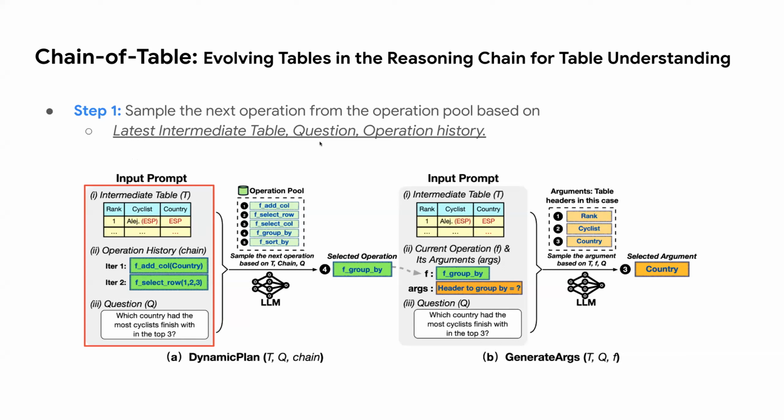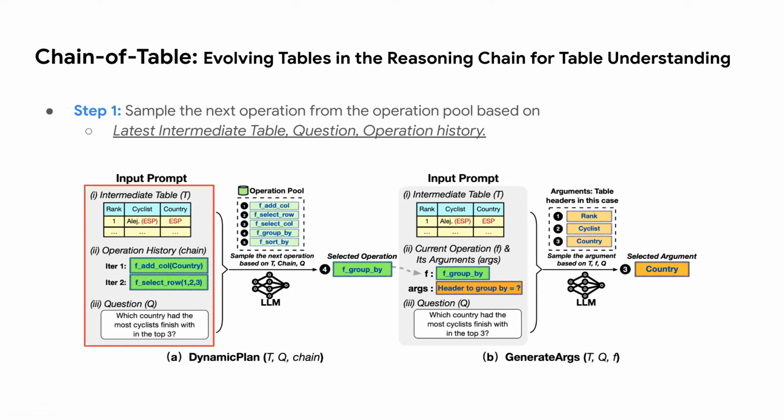For the second part, the question, as always, we need to let Llama know what we are doing here. What is our major task? That's the question. The third part is the operation history. Operation history is in the middle of this figure, which are the add column and select row. We need to let our model know what operations are already there in this entire pipeline.